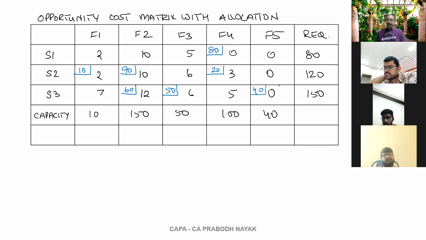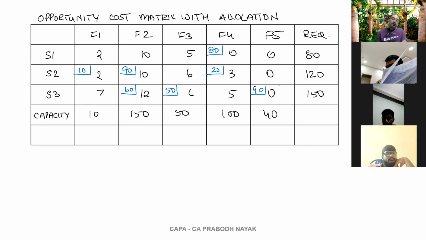After you do this, the next thing you're going to do is check, we are not concerned with minimization. Normally, at CMA final, the problem will always give you a non-degenerate solution, but still we will confirm. Number of allocations: 1, 2, 3, 4, 5, 6, 7.